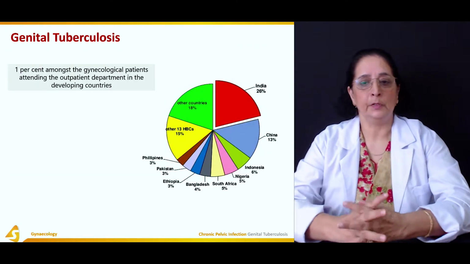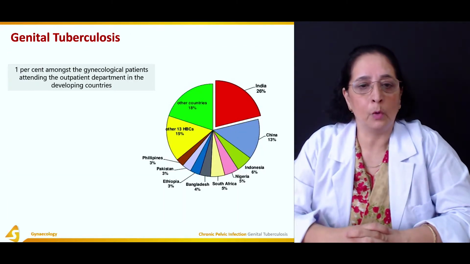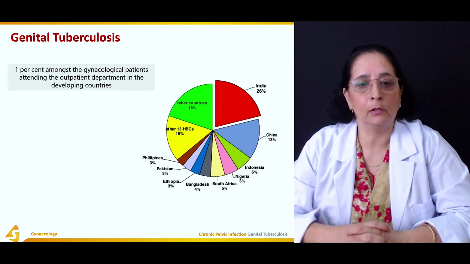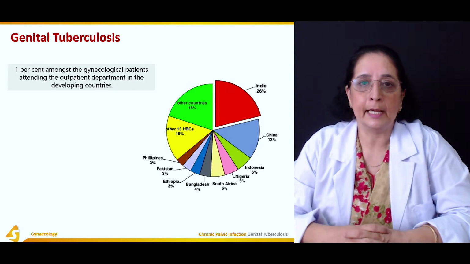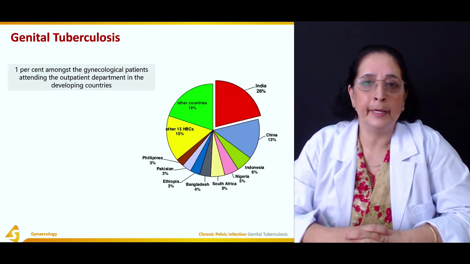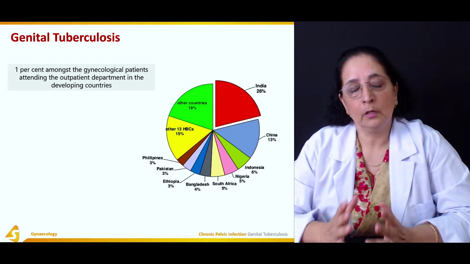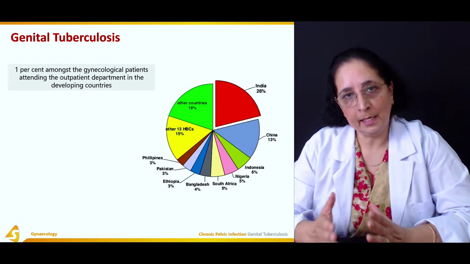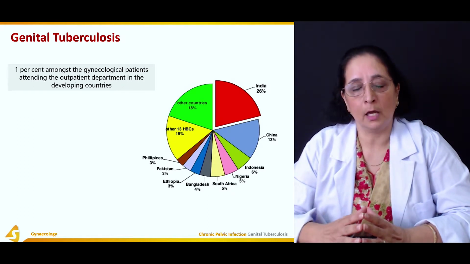So genital tuberculosis is 1% among the gynecological patients who attend the outpatient department in the developing countries. Tuberculosis is again on the rise now.